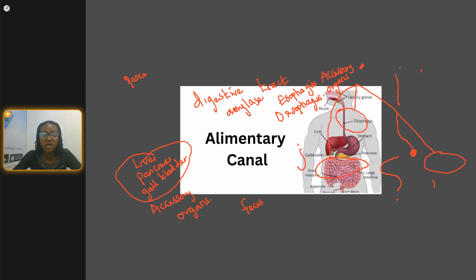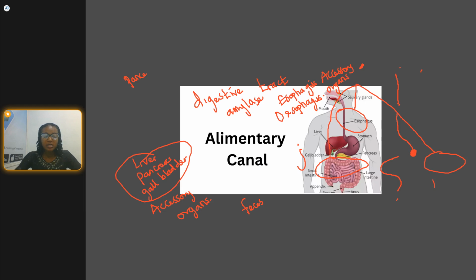And what is the function of the accessory organs? Why do we call them accessory organs? Just as I explained earlier, they are referred to as accessory organs because of their function in the digestive way. They assist in digestion, but do not directly form part of the alimentary canal.